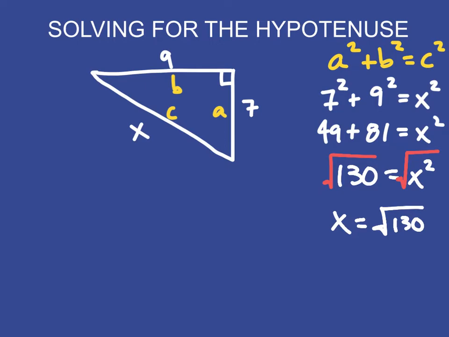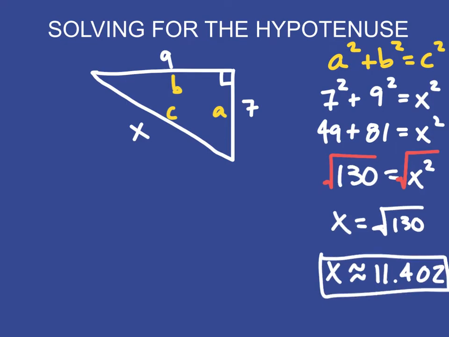Oh no, I'm sorry, it should be less than 12, between 11 and 12. This gives us an approximate value of 11.402, if you rounded that to 3 decimal places. Rounding is a big thing here, but using this formula allows us to figure out that side length.